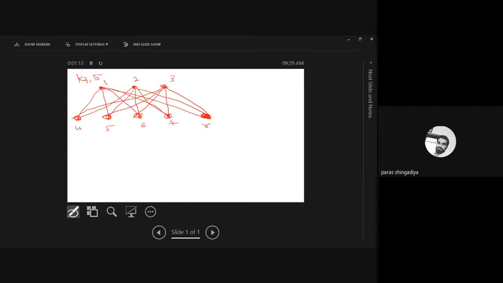So 1, 2, 3 should be connected to the 4, 5, 6, 7, 8.